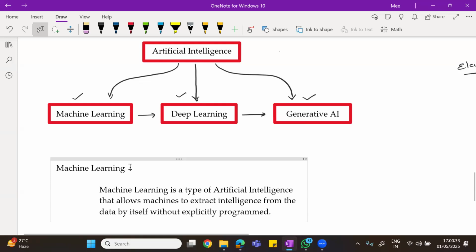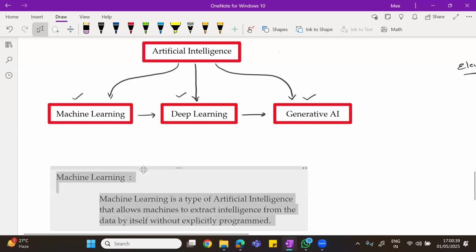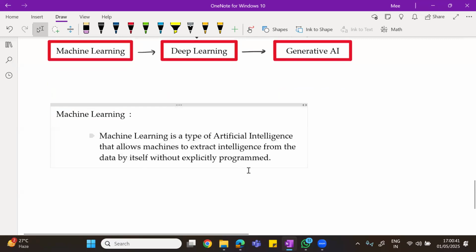Again, you may get a doubt that the model itself is a program, so why are we saying without explicitly programmed? I will tell you, I will explain it over here.